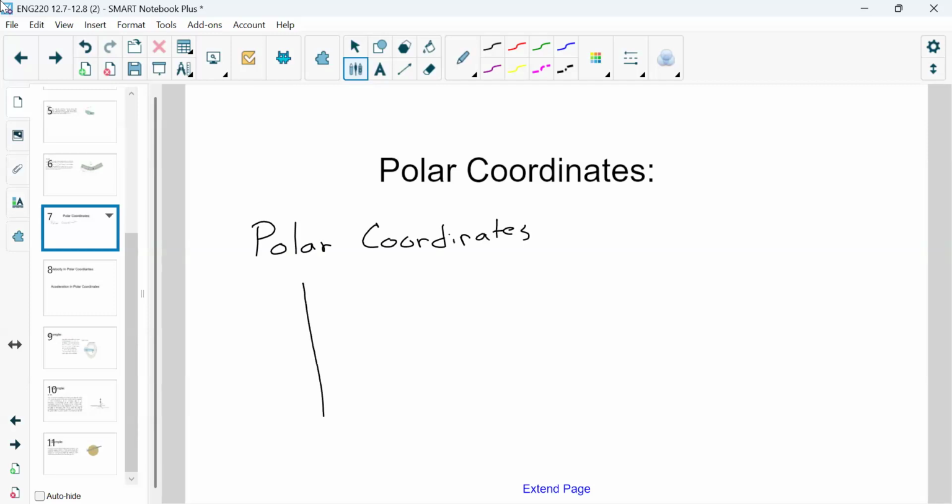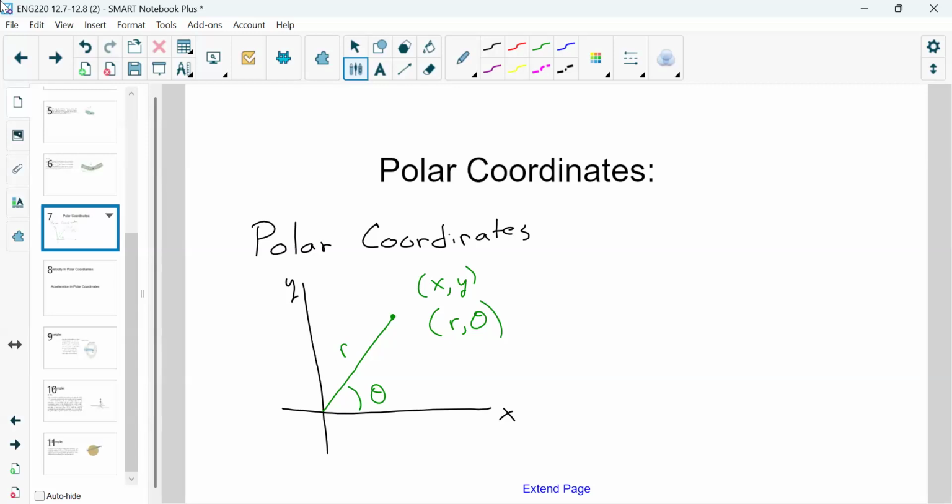So if we look at an XY coordinate system, and we have a dot here, we would refer to that dot as X comma Y. The other way we can refer to the dot in polar is that this length is the radius and this is then theta. So this becomes then R theta.